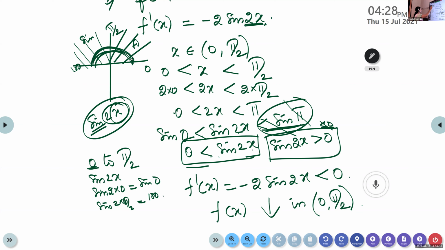In 0 to 180, sine 2x is positive. Is it okay? You can decide like that also. So we have sine 2x is positive. If sine 2x is positive, minus 2 into sine 2x will be negative. So f dash of x is negative, and f of x is decreasing in the interval 0 to pi by 2. Okay.